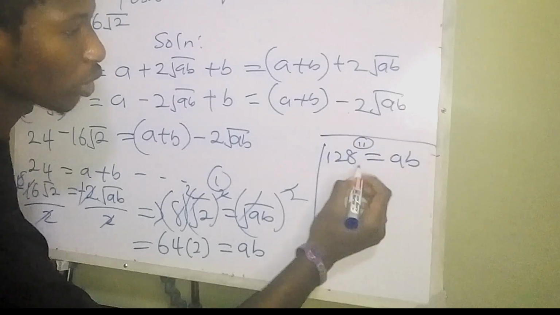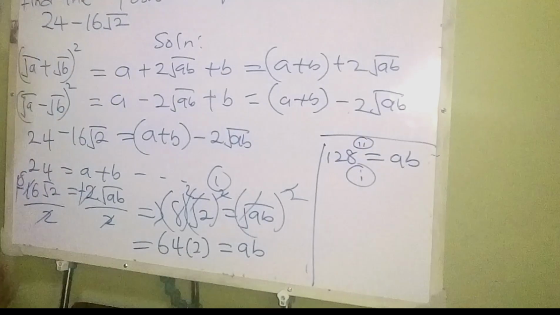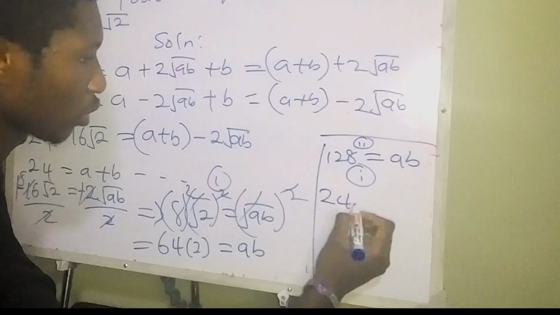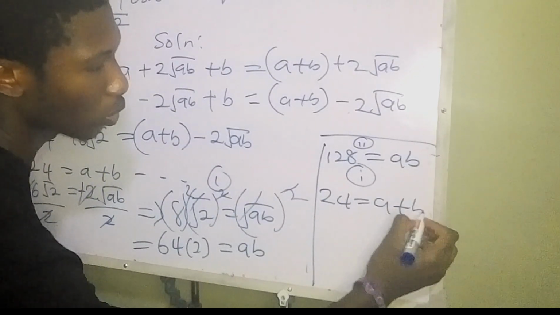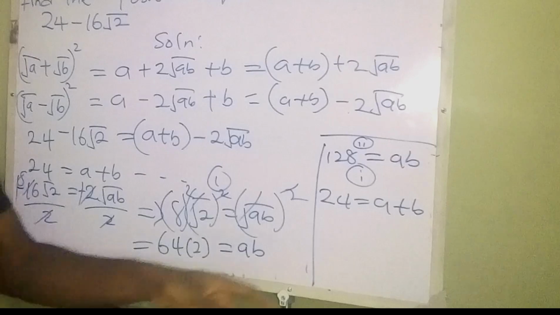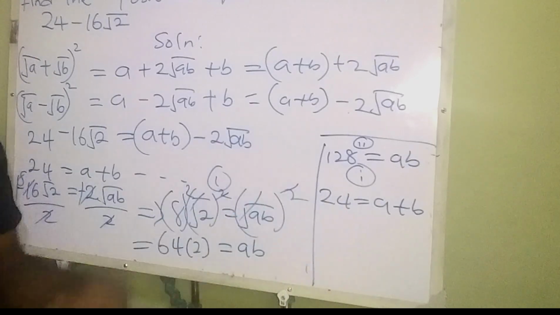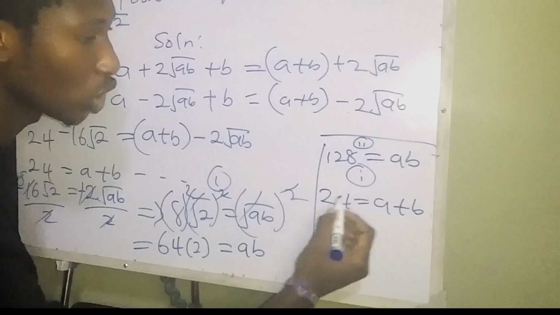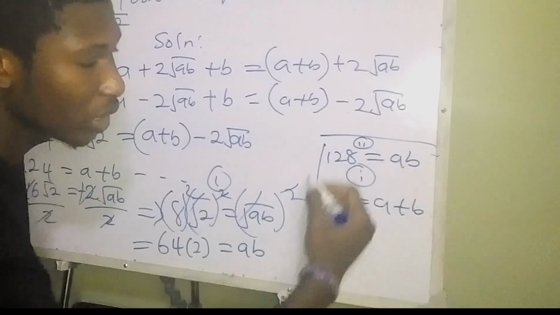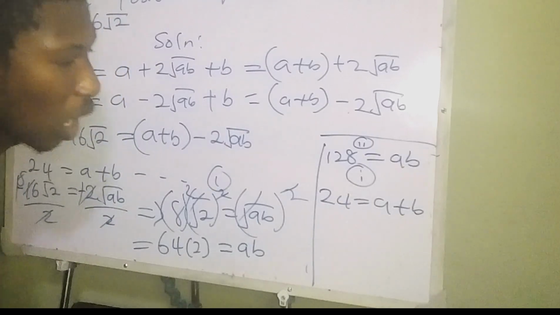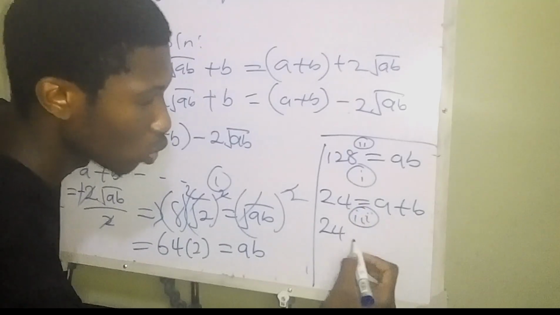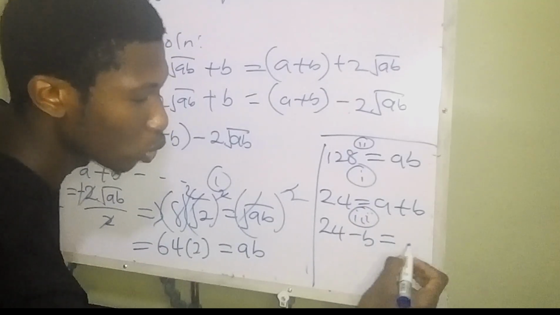Our equation 1, don't forget, is 24 equal to a plus b. Now, from this equation 1, I can find equation 3. I can bring b to the other side, and I'll have, let me write it here, equation 3: 24 minus b equal to a.